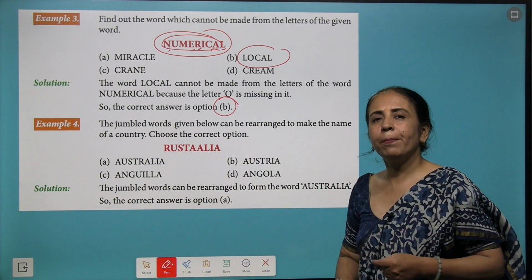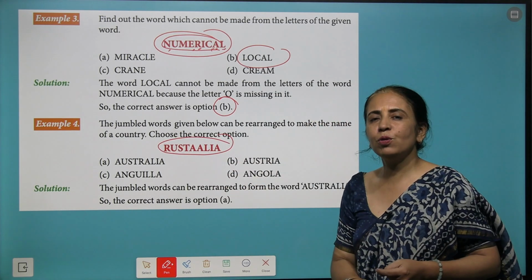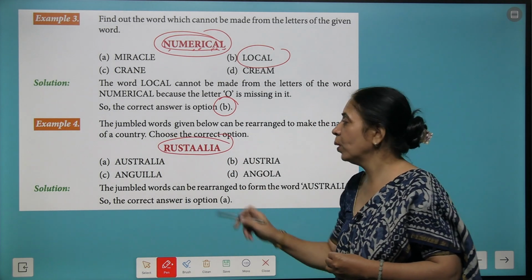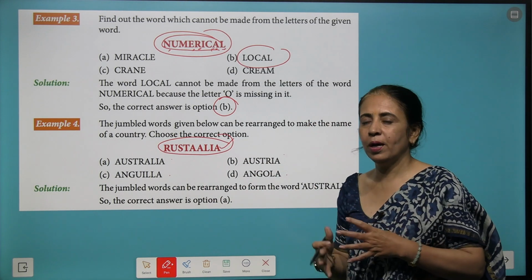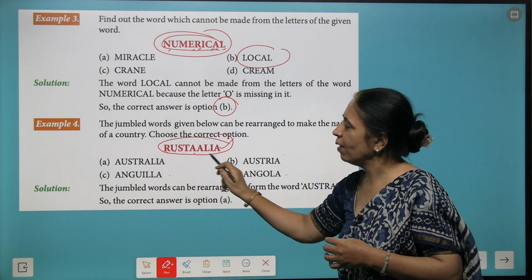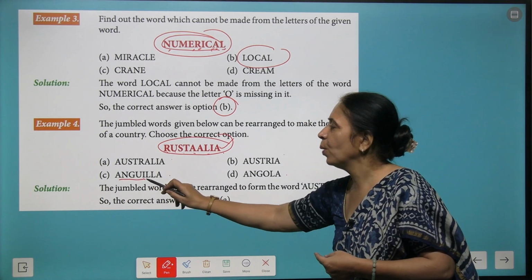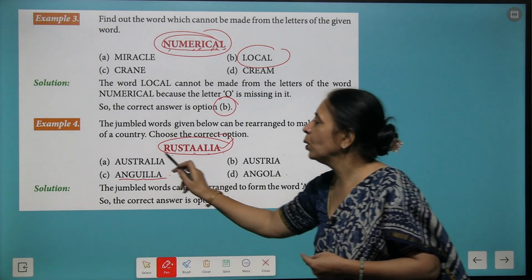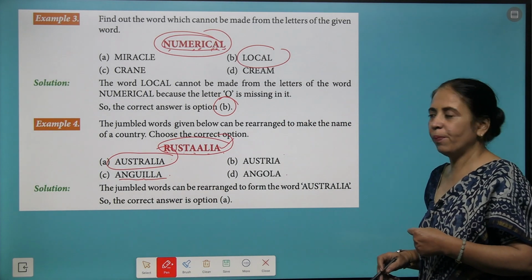Take another example. The jumbled word is given and you have to check that which word could be formed from this jumbled word. So let's count here. We have 9 alphabets. A quick trick that we are going to check that only Australia is the word which has 9 alphabets.